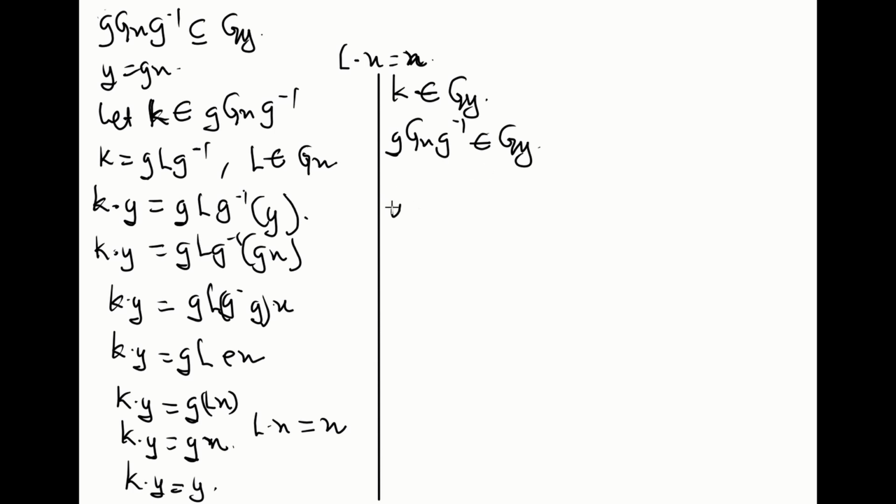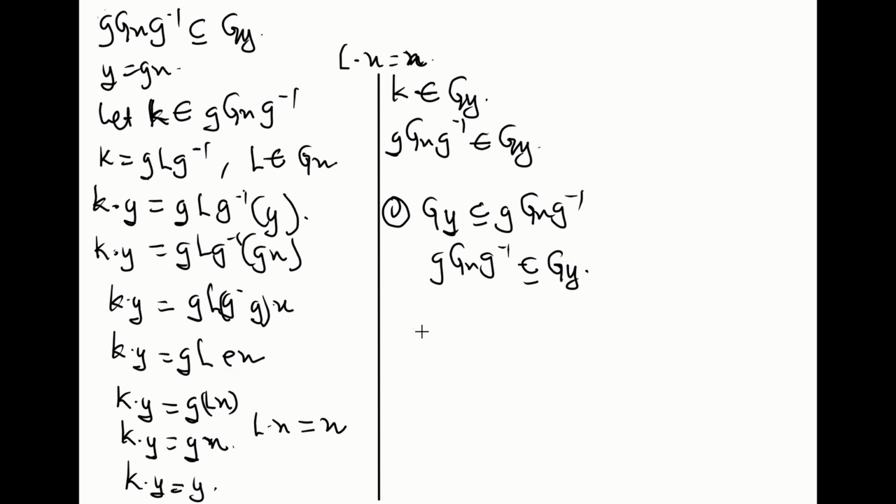Hence, we have proved first that our Gy is a subgroup of Gx of g inverse. Also, we have proved that our Gx of g inverse is a subgroup of the stabilizer of y. Then we can now conclude that our Gy is equal to Gx of g inverse.